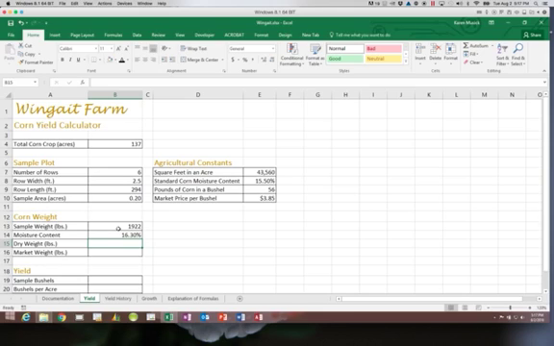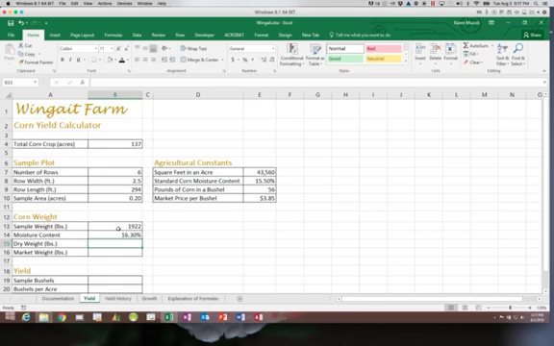And then in B15, we're going to calculate the dry weight. Now the dry weight is computed by taking 1 minus the moisture and multiplying that by the total weight.